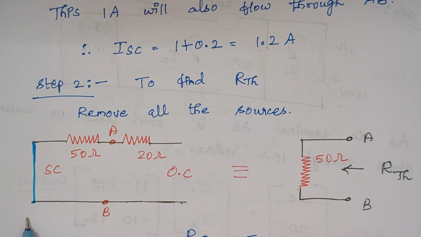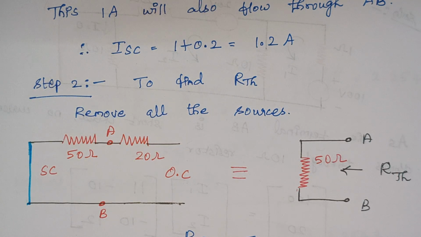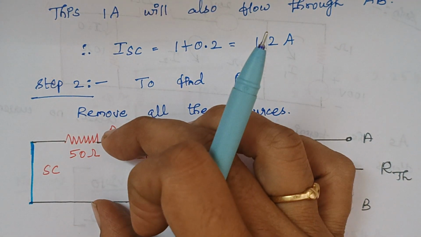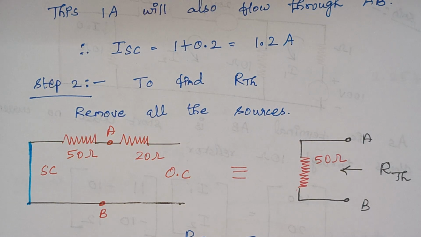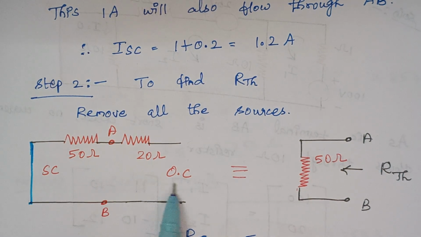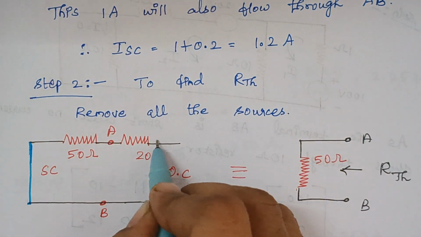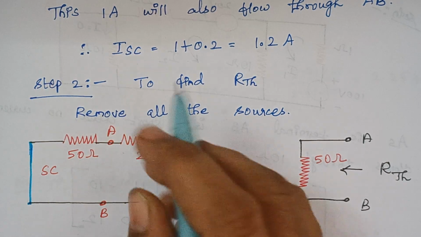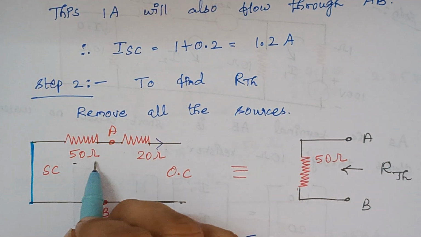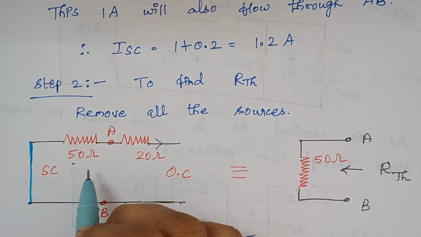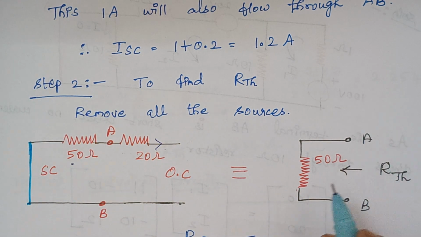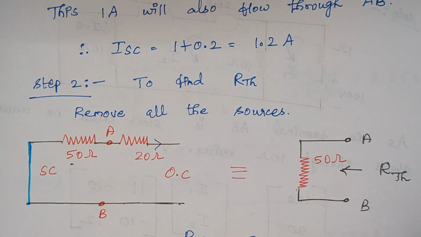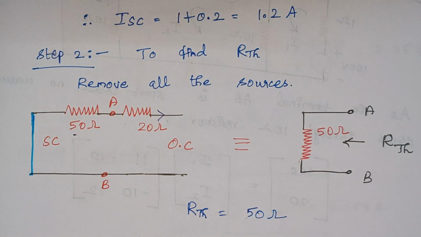Now we calculate the Thevenin resistance across terminal AB. Since this is an open circuited path, no current will flow through this 20 amp source, so only this 50 ohm comes into play. Therefore the Thevenin resistance is simply 50 ohm. Just make a note of it.